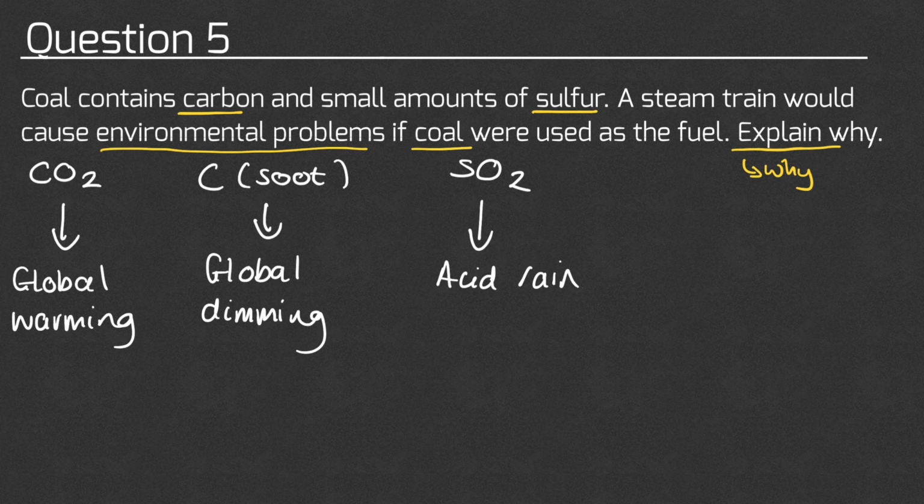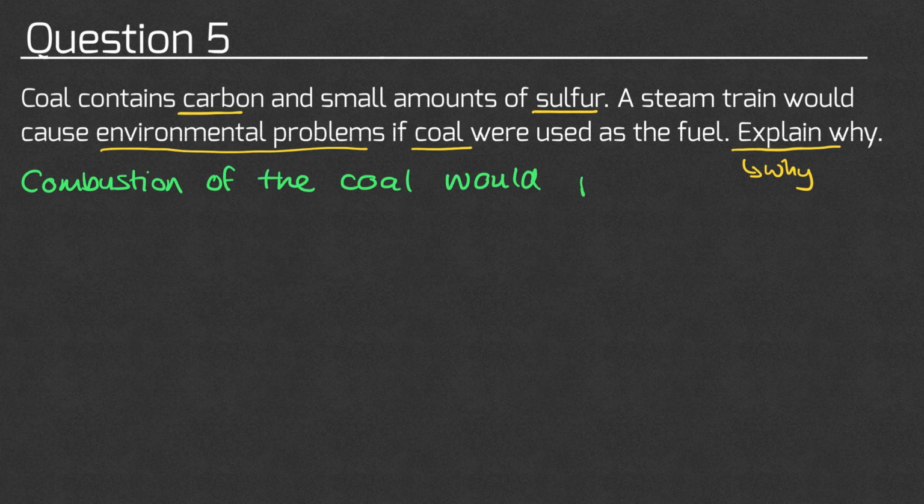Carbon dioxide causes global warming. Carbon, or soot, will cause global dimming. And sulphur dioxide will form acid rain. So we can now take this little bit of information and we can turn it into our written answer. So we'll start off by saying that the combustion of the coal would produce, and then we'll go through each of those three products we've just talked about.